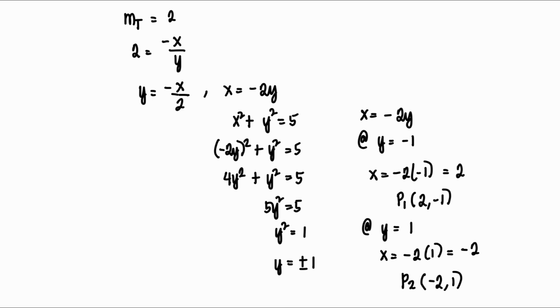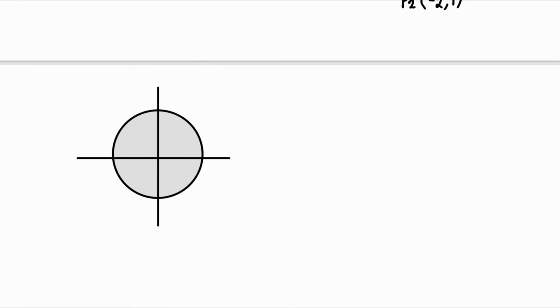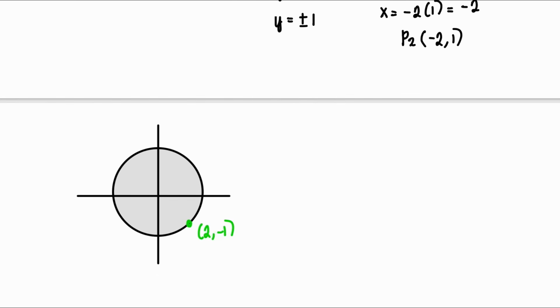So if the point is at (2, negative 1), let's try to draw that. If this is our circle, and the point is at (2, negative 1), let's say that's here, and we have the other point, (negative 2, 1).